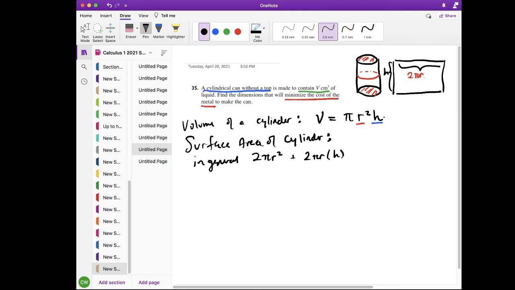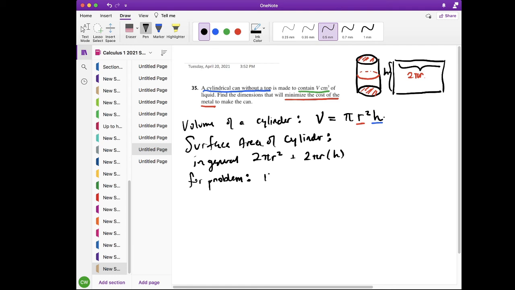But what formula do we want to use for our problem? I claim it's a bit different. Good, yeah. So one of the pi r squareds just gets taken away because the top is open.